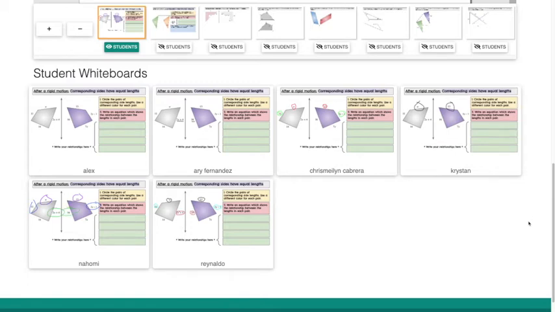That's perfect. I see that Reynaldo circled 2x plus 4 and 16, which leaves us with the last one, 14 and 7z.